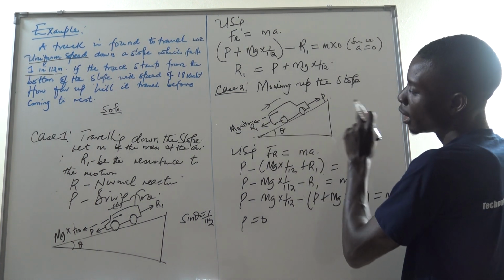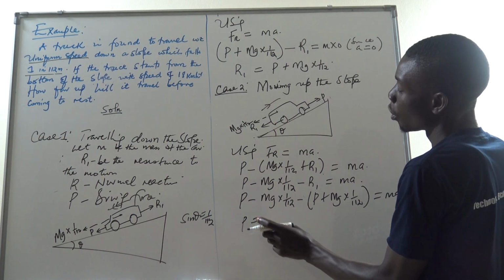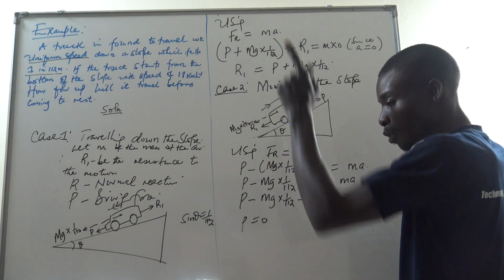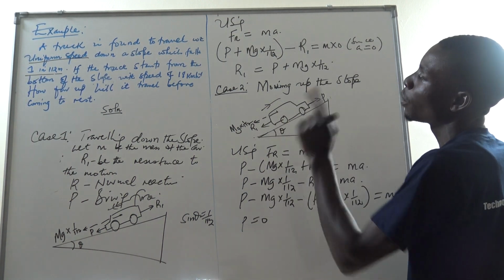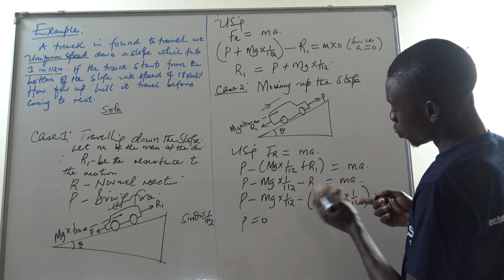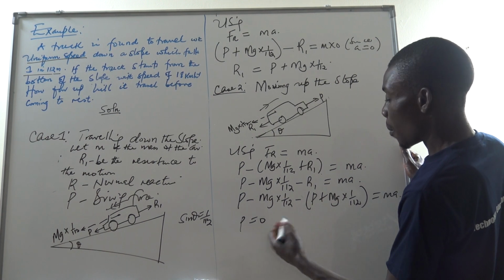Therefore here P will be taken to be 0, because there will be no force in the direction of motion, and that is why the car is going to come to rest. If the driving force was there, it was not going to come to rest.